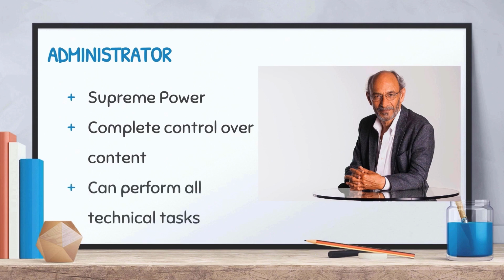Plus, they can also perform all technical tasks. What this means is they can install new plugins, they can change themes, they can create new user accounts, they can do just about anything on the WordPress website. So be very careful before you grant anyone the role of an admin, because that role is extremely powerful.